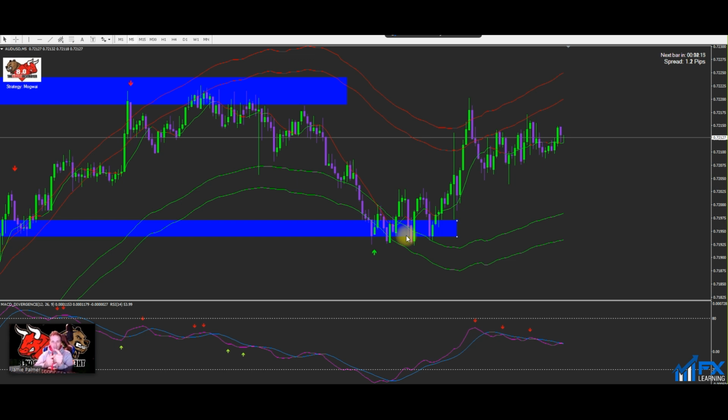But that's how I know, and it comes from experience. When you start to mark up support and resistance, and giving another example here, look at this on the 5 minutes. Look at this area just here. Touch, touch, touch, touch. See that? See this area of resistance? I guarantee if I go over to the 1 minute time frame now, there will be a Mogwai signal at the top just here.